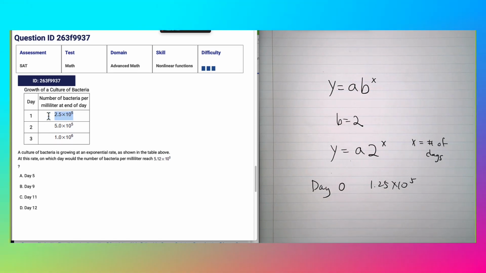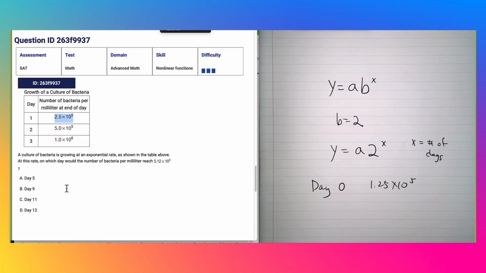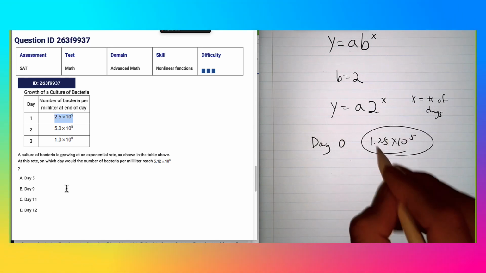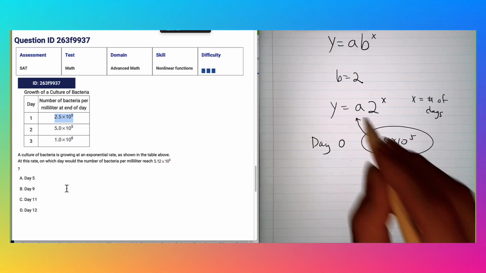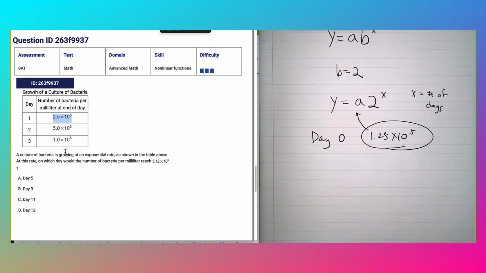So careful, day 1 is like at the end of day 1 here. Day 0 is when you first started it. Otherwise you'll be off by 1, and that's what's so tricky about this question. So I determined the initial volume in milliliters.